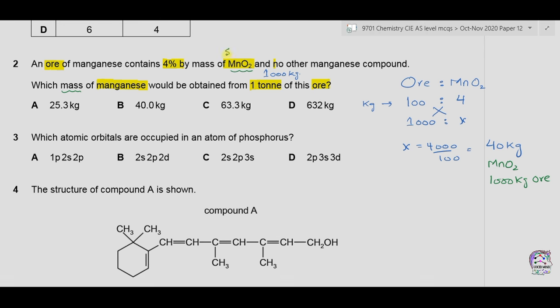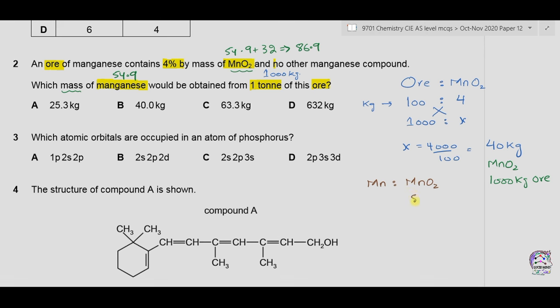The atomic mass of manganese is 54.9 and of 1 oxygen is 16, so for 2 oxygen it will be equal to 32. The molecular mass is 86.9 for MnO2. Similarly, for manganese, atomic mass is 54.9. Now we can find the ratio between the two, Mn to MnO2.